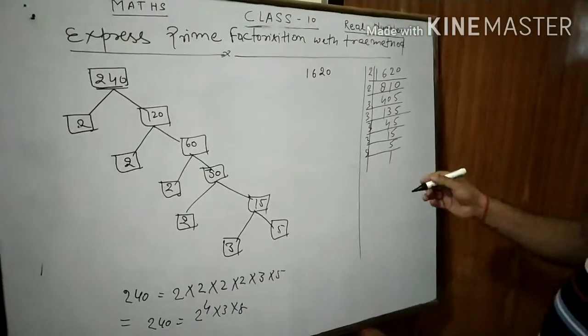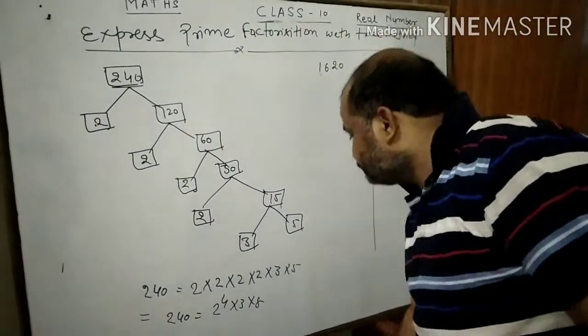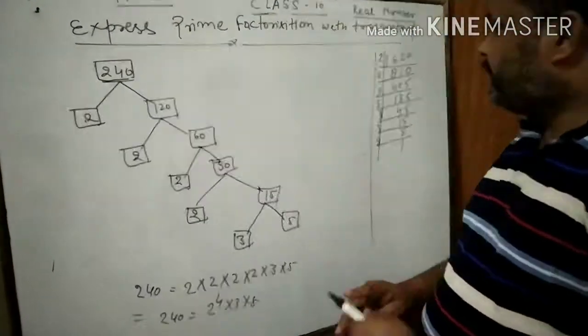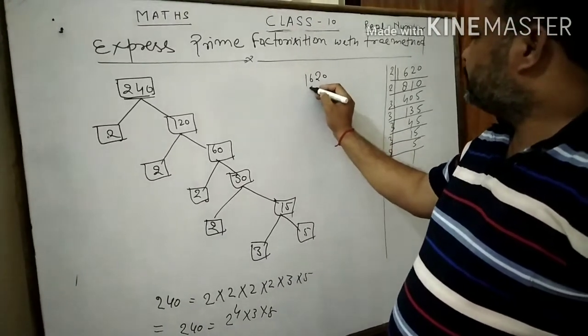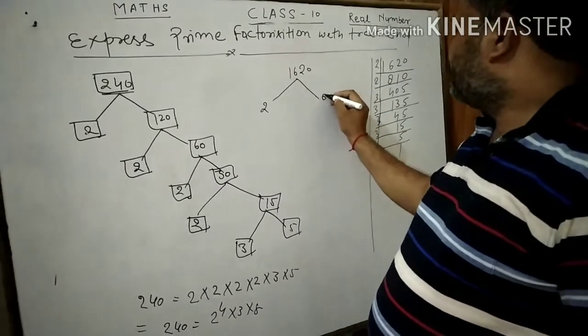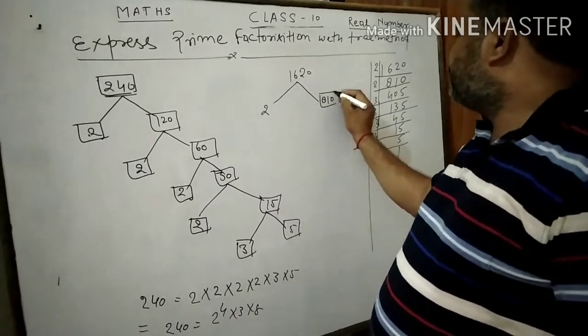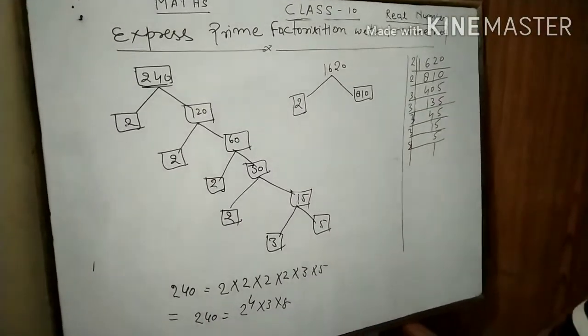Then each step is written in the tree method. Here 1620 is 2 into 810, where 2 is prime.